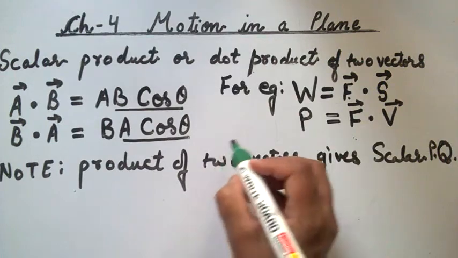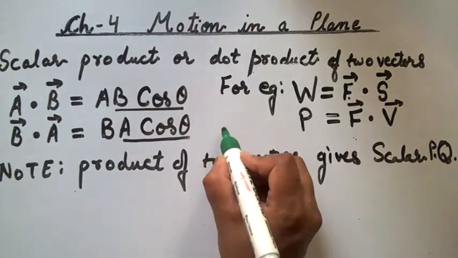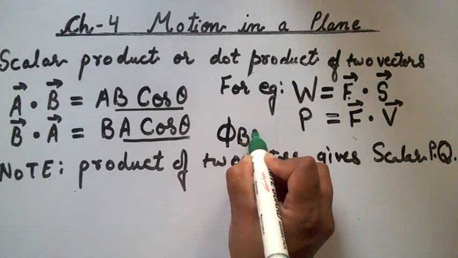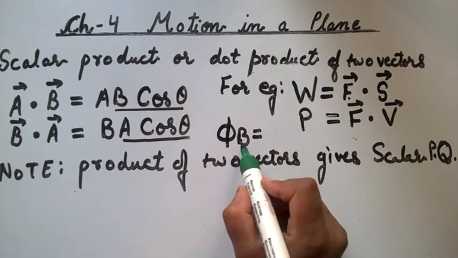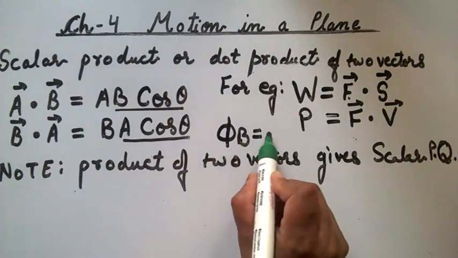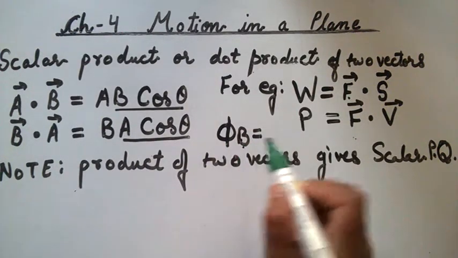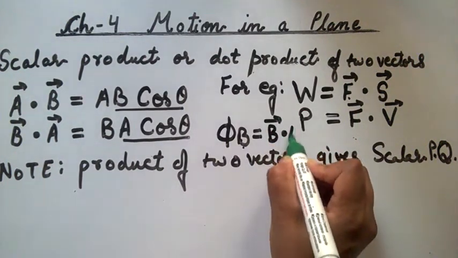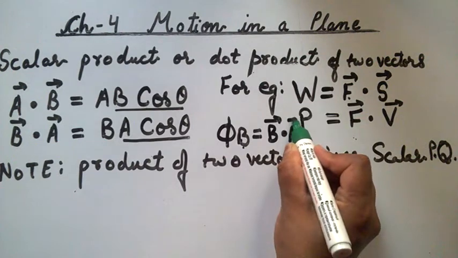Similarly, magnetic flux, that is the number of magnetic field lines passing through a particular area, is given by magnetic field dot that area vector.